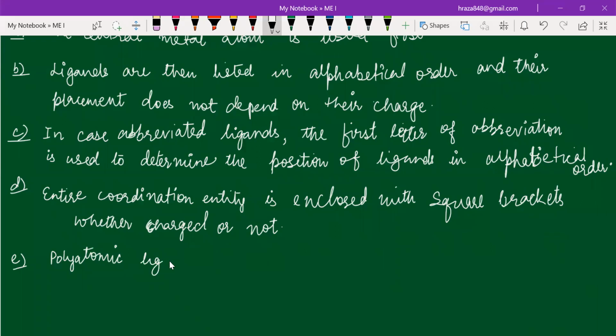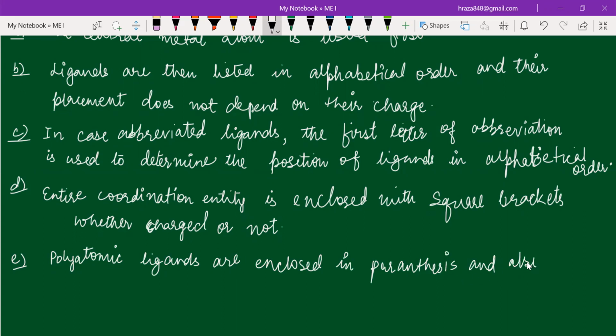Polyatomic ligands are enclosed in parentheses, and also their abbreviations.